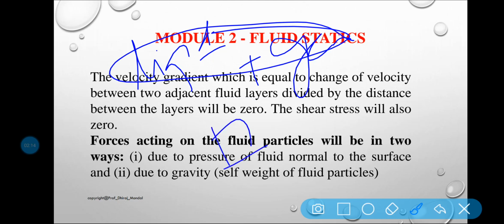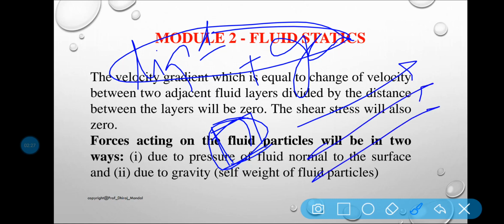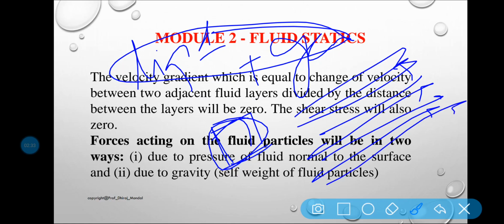That means when the fluid is at rest there is no kind of motion inside it. This means that there is no relative motion between adjacent or neighboring fluid layers. You know the fluid flows and a number of layers are created, and between two layers of the fluid there is no relative motion.